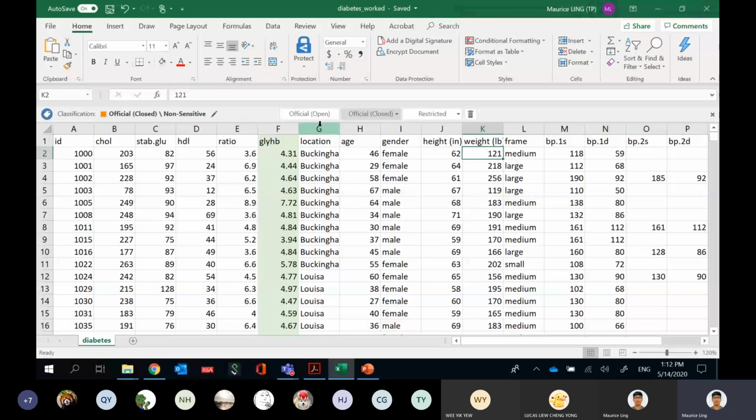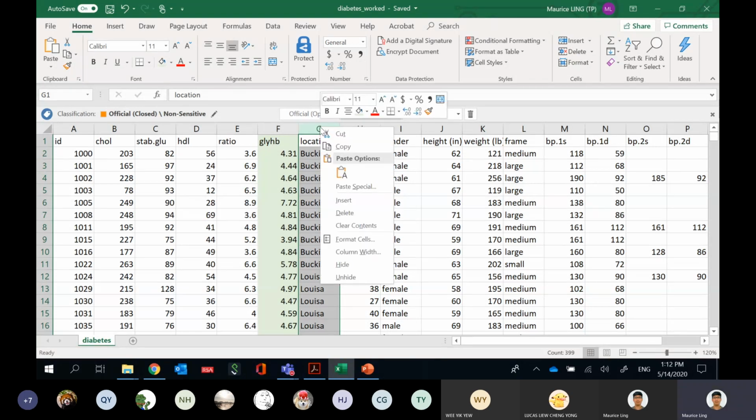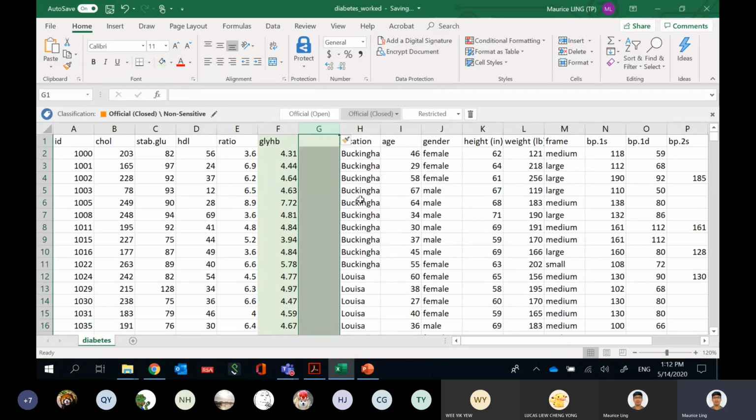So let me click on column G first. All of you follow me, click on column G. Right click, column G right click. You go to insert. Basically, I want to insert another column. Okay, I insert, I have one more column.